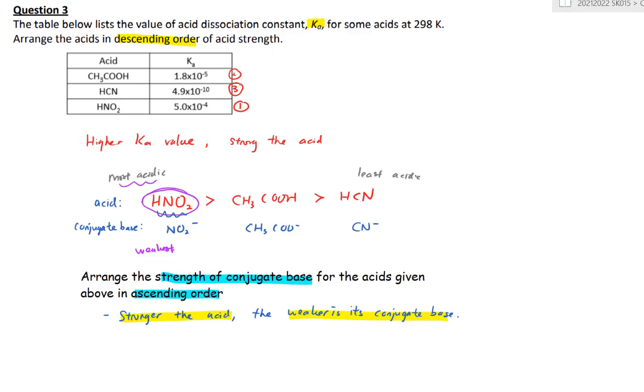Whereas the least acidic HCN is the weakest acid, therefore the conjugate base CN minus is the strongest. So we want to arrange in ascending order. We start with the weakest and then slowly go to the strongest. Therefore, NO2 negative is the weakest, followed by CH3COO negative, and then the strongest conjugate base goes to CN minus.